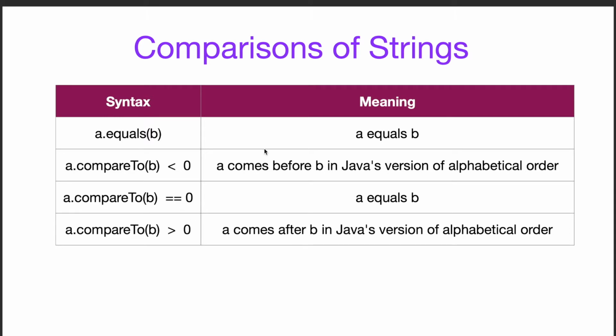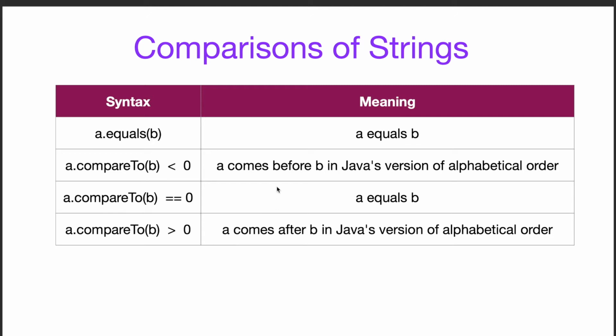The first one means that A equals B, and the second one means A comes before B in Java's version of alphabetical order. The third one, A equals B, is exactly the same as the first syntax, which is A dot equals B. And the last one means A comes after B in Java's version of alphabetical order.